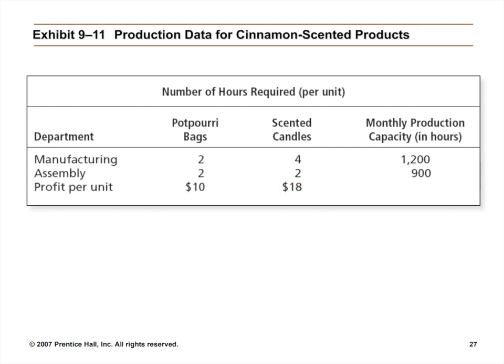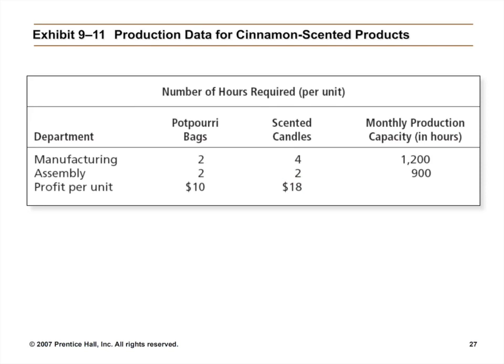But we need 6 hours to produce candles, in manufacturing and assembly combined. But on the other hand, the candles give $18 profit per unit, higher than the bag. Need more time but give more profit.